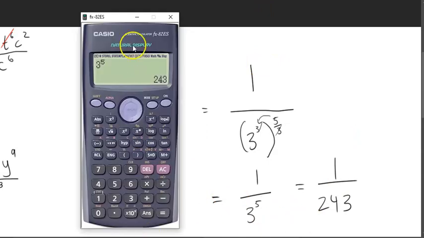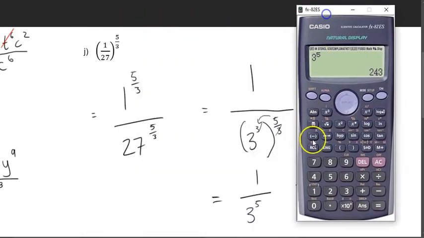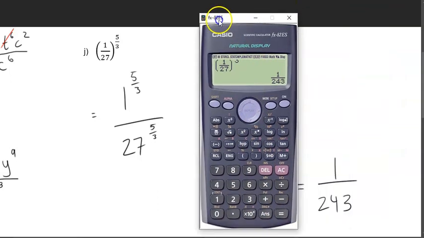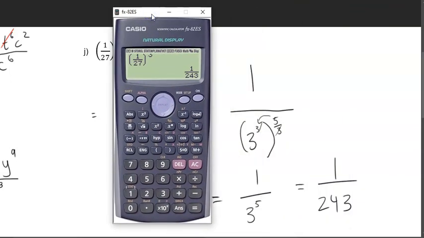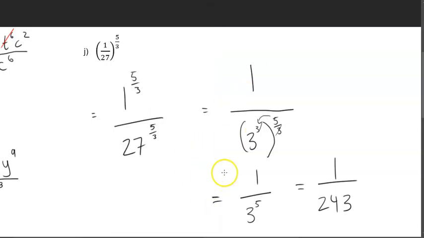But again, if you wanted to put this into your calculator, put into the bracket fraction 1 over 27, go across, close that bracket, to the power of another fraction 5/3, 1 over 243. So if you were just to write 1 over 243, 1 allocated mark, but you will not get the full marks because you need to show this working out here.